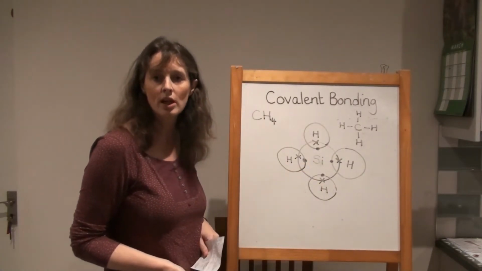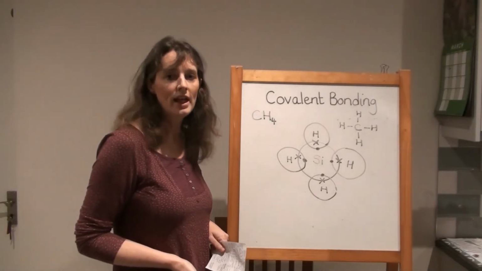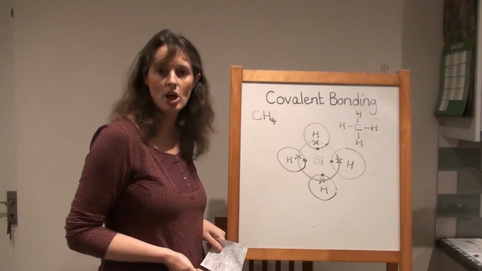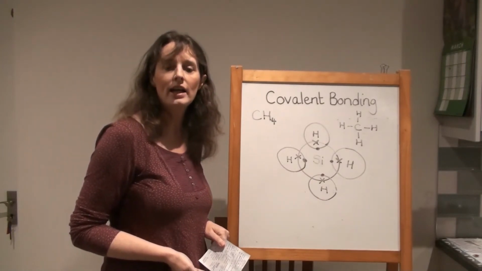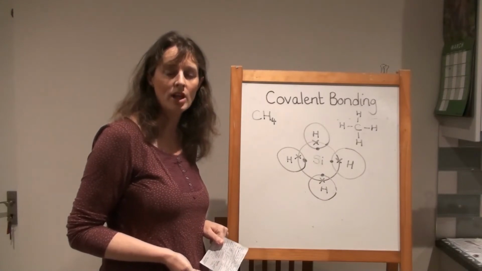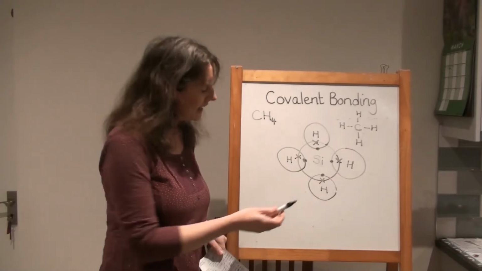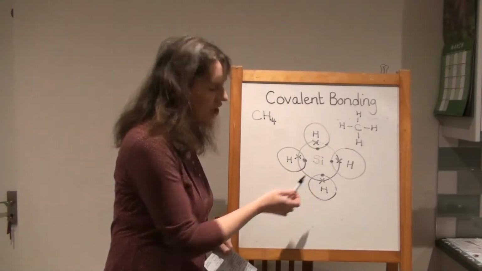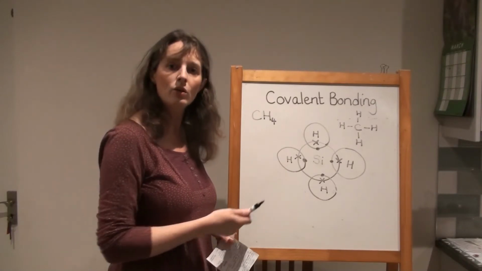Silicon is also in group 4, and when silicon bonds with hydrogen, it has to do exactly the same as carbon. It has to share all 4 of its electrons in order to get 4 back in return from 4 separate hydrogen atoms. Each hydrogen atom has to share its only electron with the silicon in order to get 1 back in return.